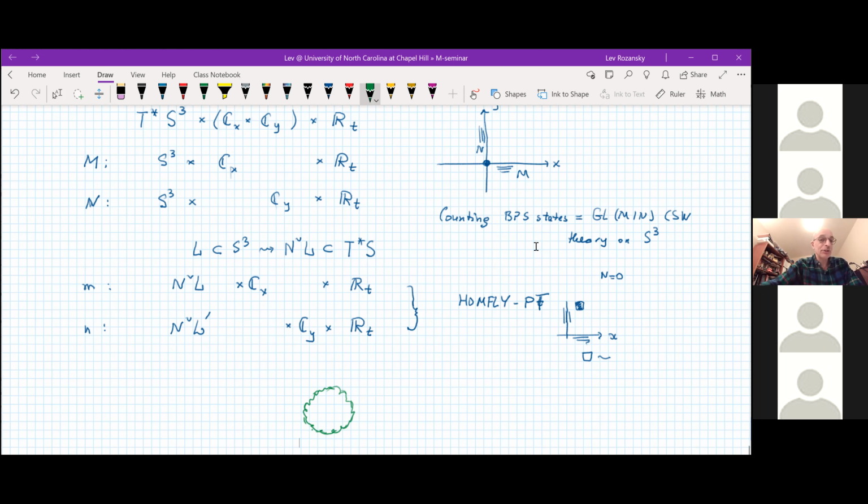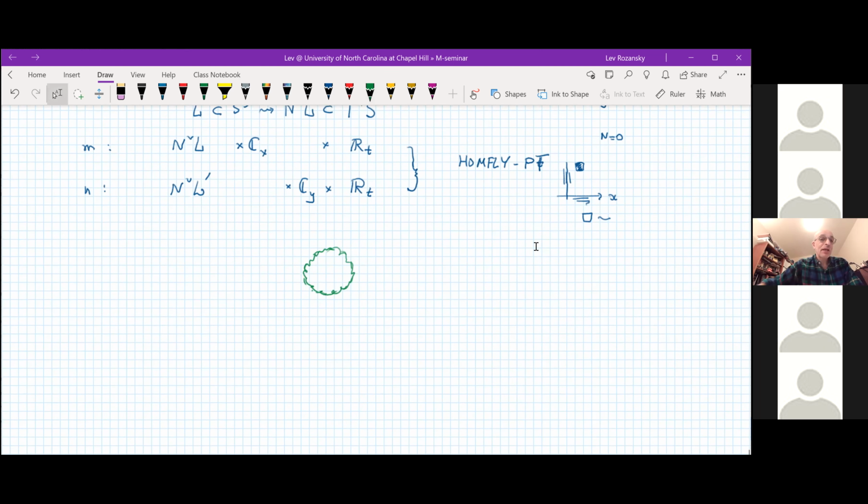But now we do the conifold transition. And what you see is that these annuli become disks. The inner part collapses, and the inner part sits, so this is P1 from the conifold.